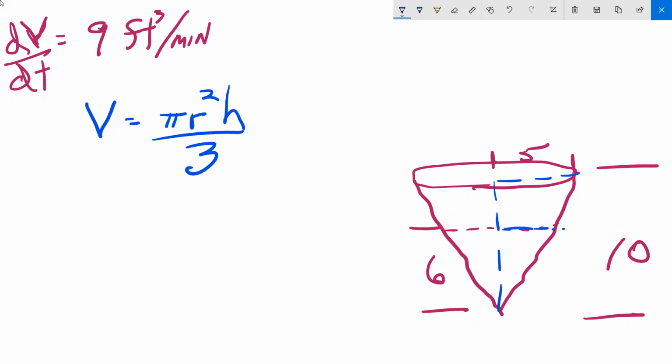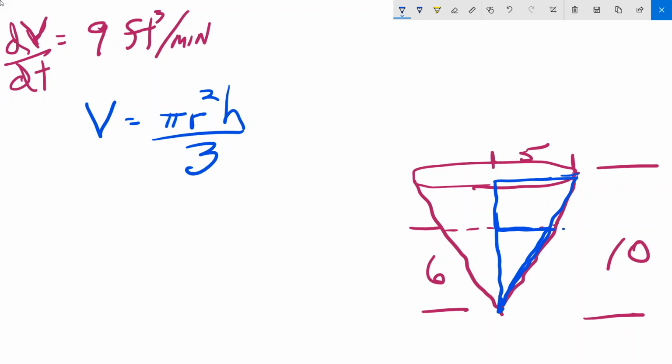If you look at these 2 triangles that I drew, we have that triangle and we have that triangle. What is the relationship of those 2 triangles? What kind of triangles are they?